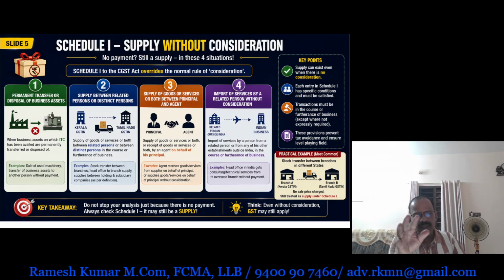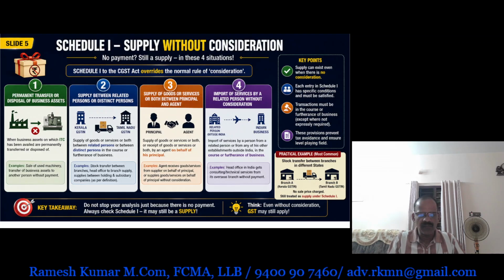The second is particularly important in real life practice. That is supplies between related persons or distinct persons in the course or furtherance of business. For example, imagine that a company transfers its stock from its Kerala GST registration to its Tamil Nadu GST registration.